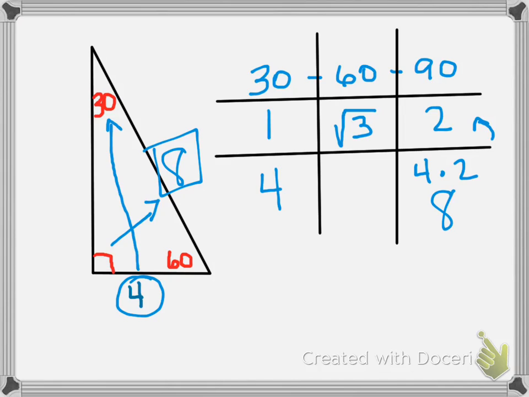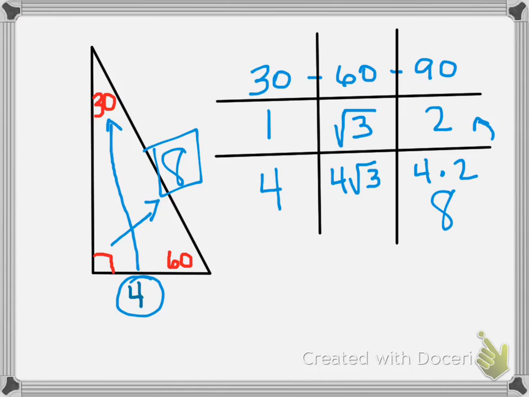Now, our 60-degree angle is the square root of 3. That's the ratio, and what that's saying is it's 1 times the square root of 3. So in this case, we want to do 4 times the square root of 3. And you can leave it in that form, or you can work it out and calculate it out.